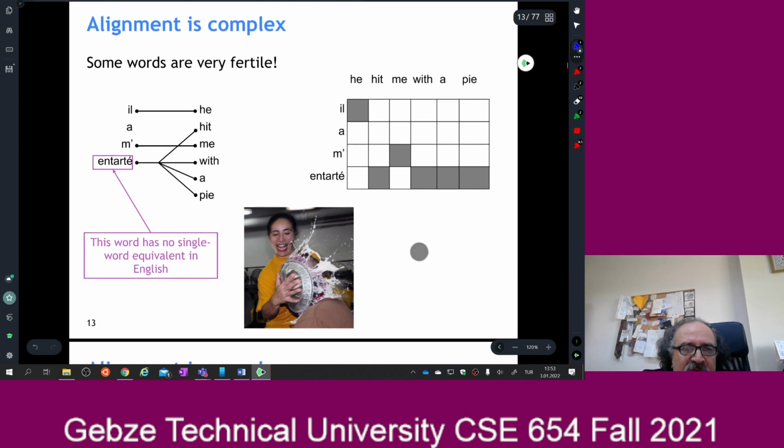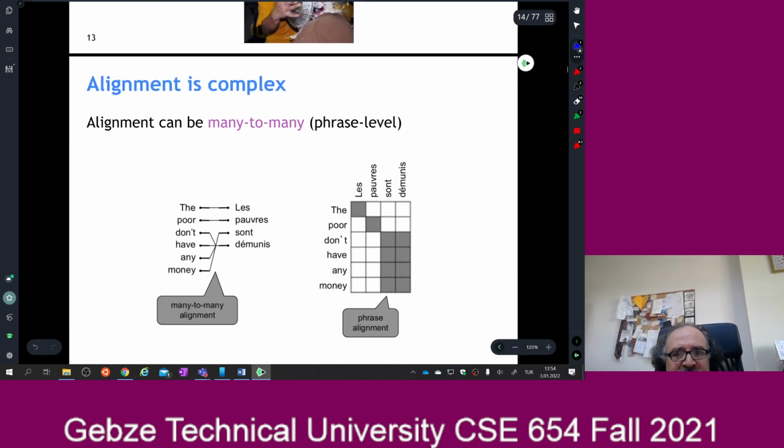For example, in French, sorry, there is a separate word for hit with a pie. There is a verb for that action. Obviously, in English there is no such word. And in Turkish, I don't think that we have such a word for hitting someone with a pie. Those are the alignment problems.